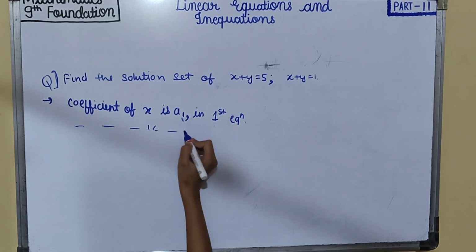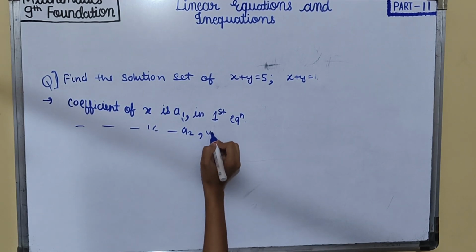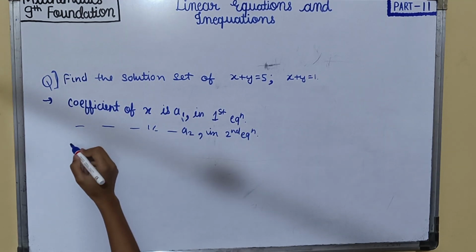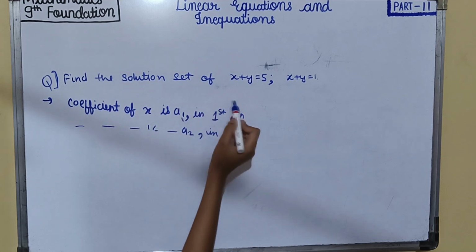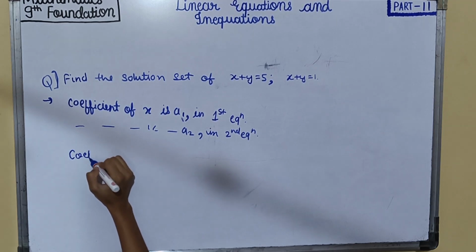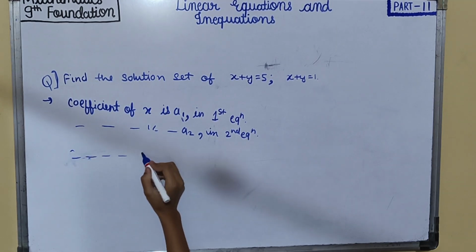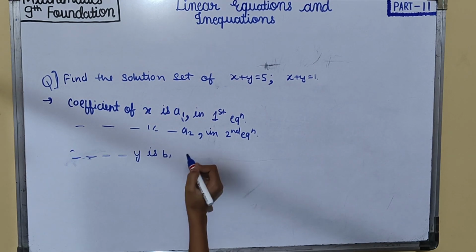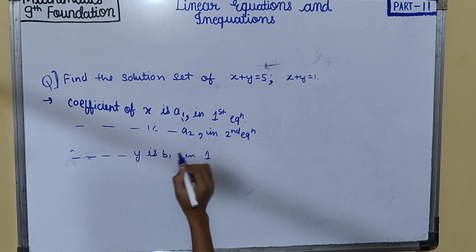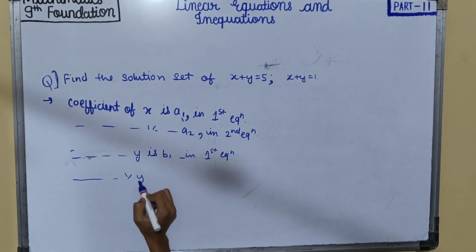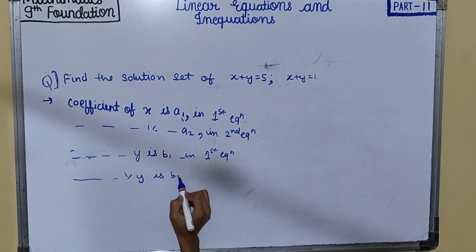Likewise, the coefficient of x in the second equation is a2. Next, the coefficient of y in the first equation is b1, and the coefficient of y in the second equation is b2.